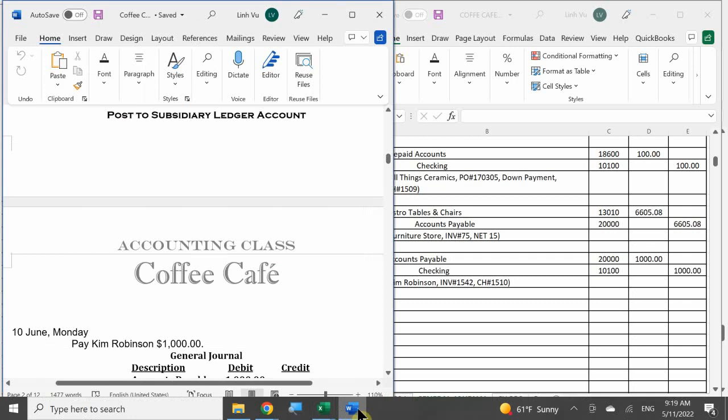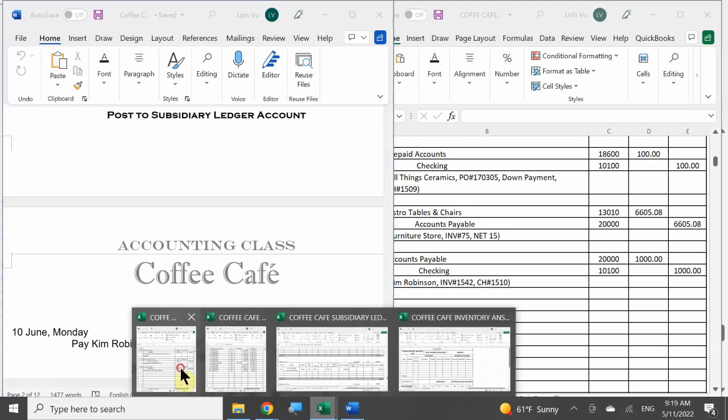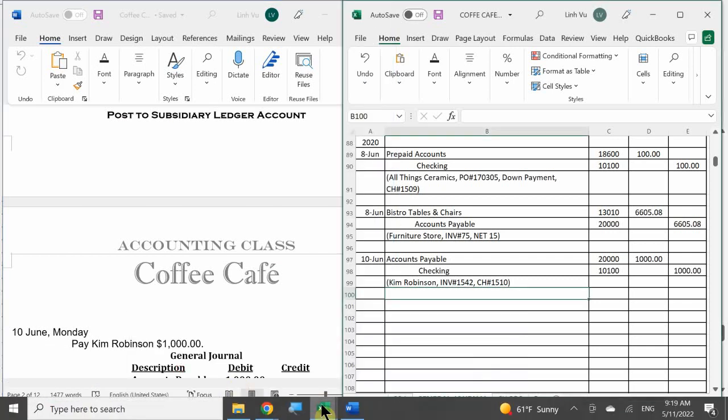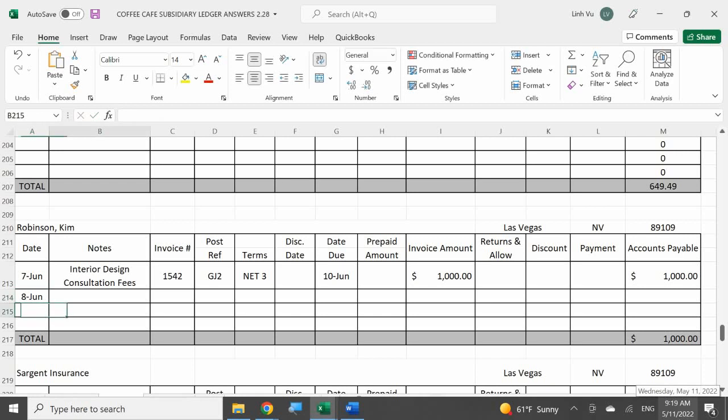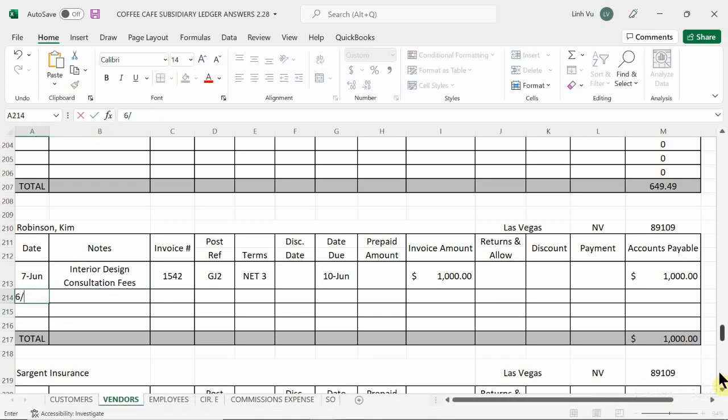I now need to go to my subsidiary ledger because I need to make a note that I paid Miss Kim Robinson. So how do I do this? This is how I apply my payment. Today is the 10th. I can say I made a payment. How?